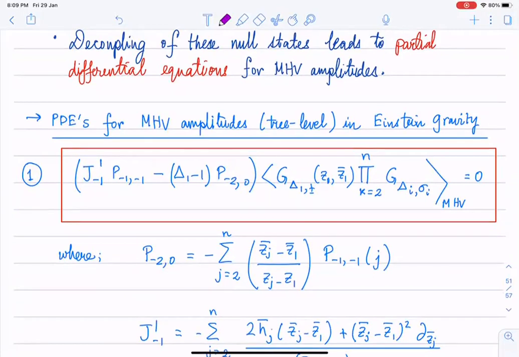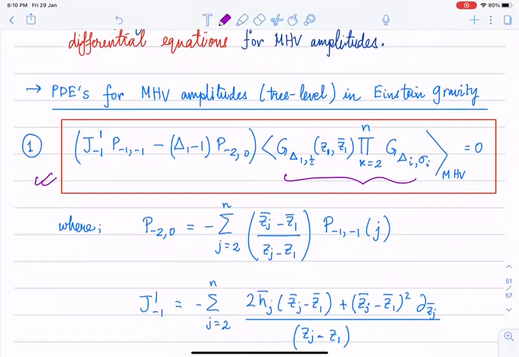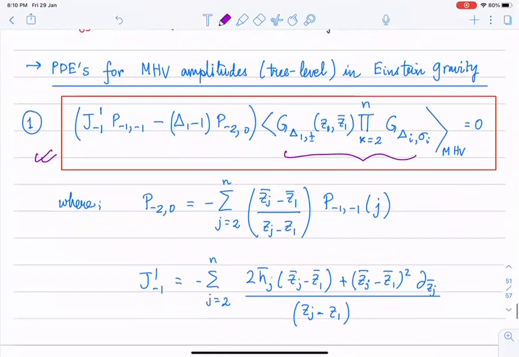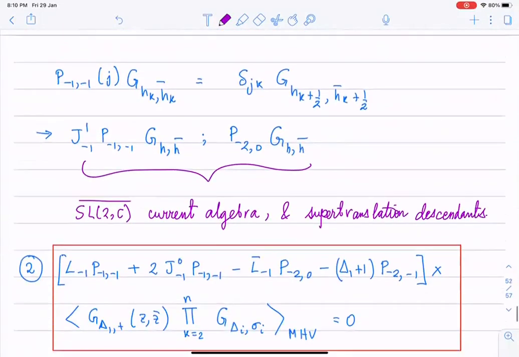For example, in the case of graviton scattering amplitudes, if you take any n-point graviton MHV scattering amplitude in Einstein gravity at tree level and do the Mellin transform of it, then this Mellin transformed amplitude obeys a first order partial differential equation, which looks like this, where these are some differential operators whose form is not going to be very important for now. So let's skip over that.